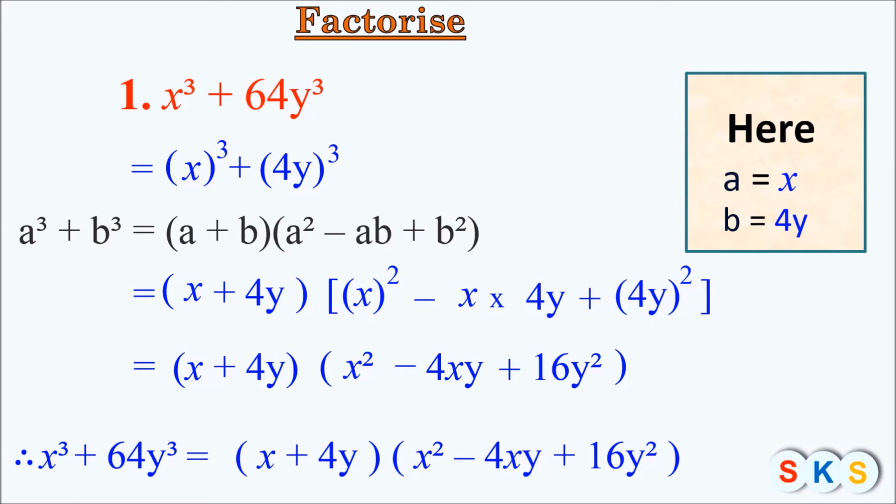Make a note: if you are factorizing a binomial and both the terms are perfect cubes, then you have to use the formula of a cube plus b cube. You need to learn this formula.